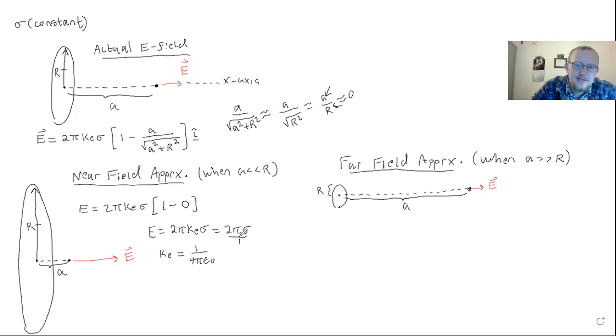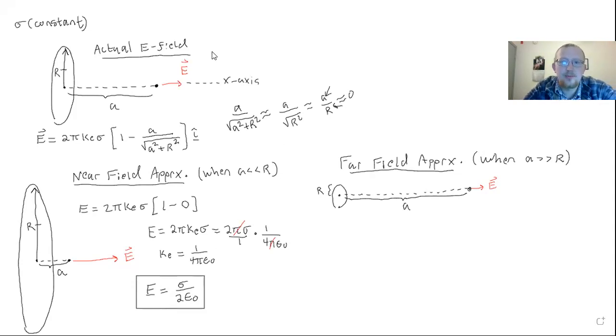So what we're left with now is this expression here. You'll notice that several things cancel. The pi's cancel. 2 divided by 4 is 1/2. So what we end up with is that the near field approximation is sigma over 2 epsilon 0. All right. So this is the near field approximation. And this will pop up later in the semester using some different methods as well.